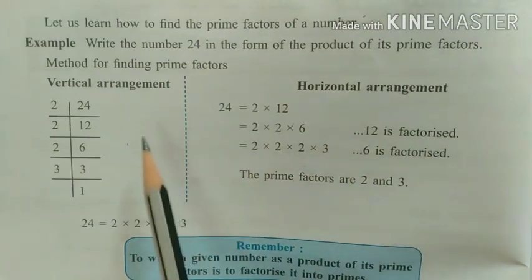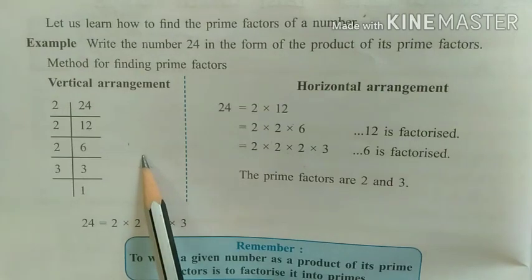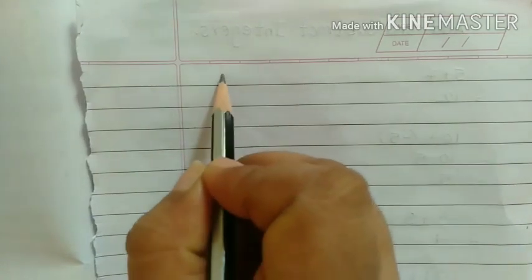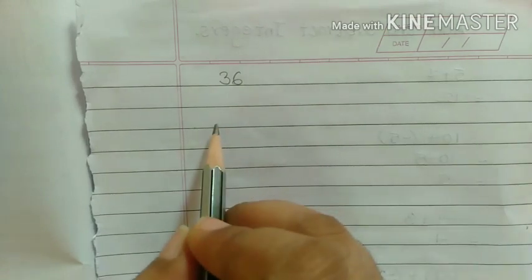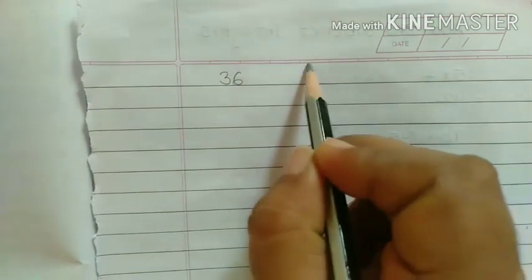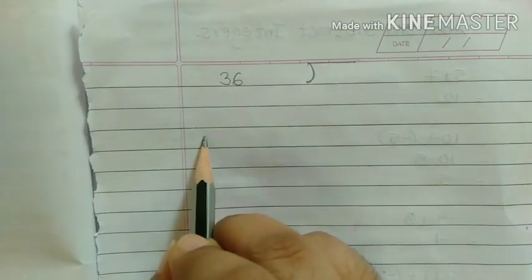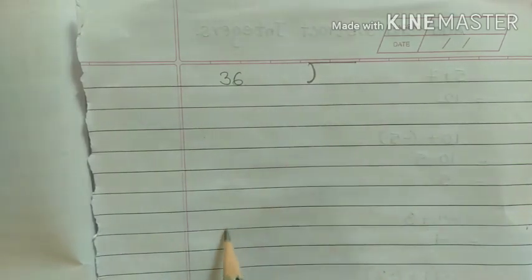Okay, let us find out how to find the prime factors. Let me explain vertical arrangement first. We'll take the example 36. Vertical arrangement means we do the division in the same way, only we are going to write it vertically.